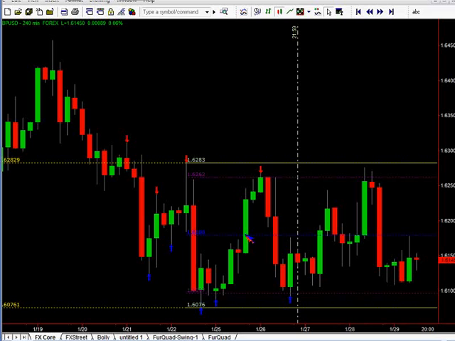So when price is range bound, I'm looking to sell resistance, buy support. On a breakout, buy the breakout through resistance, or sell the breakdown through support. So until price breaks out, I'm looking for a range trading tactic: sell resistance and buy support.